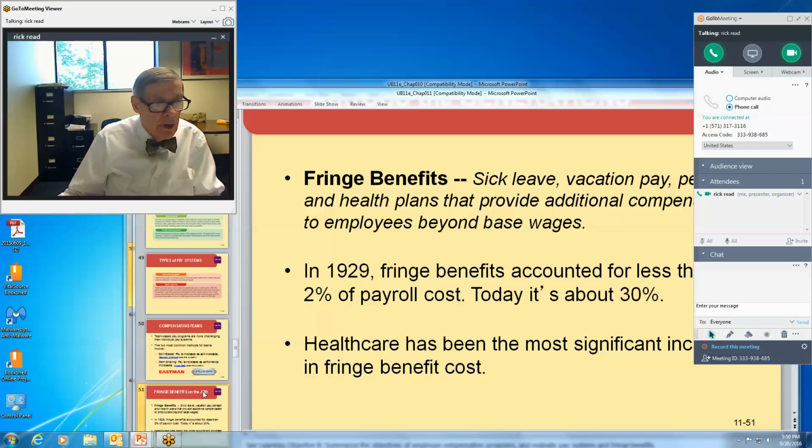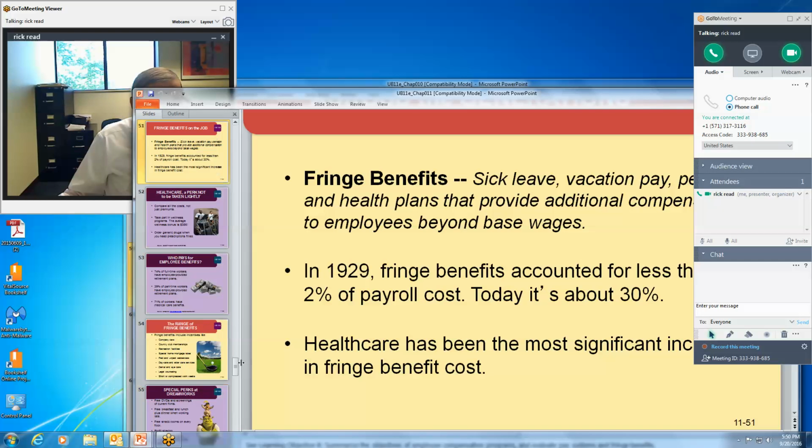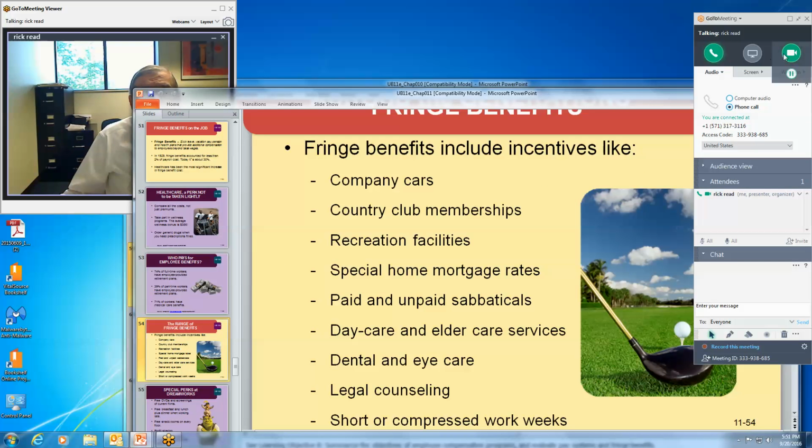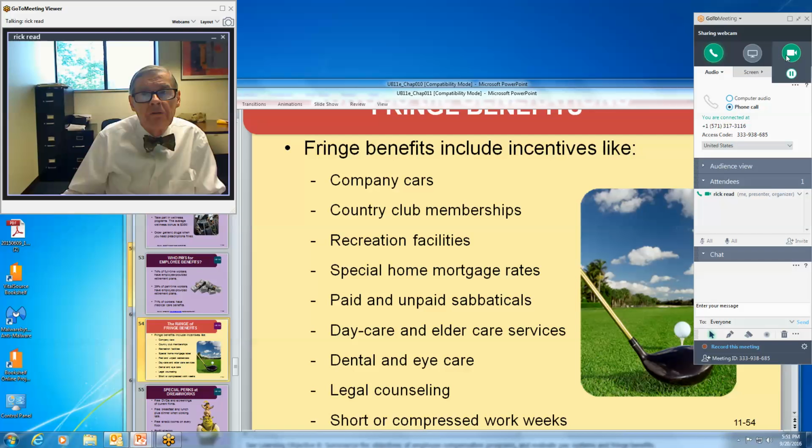And we also know that other benefits are becoming more and more common. These are a range of benefits. I'm not going to go over them. I just put this up for you to look at.